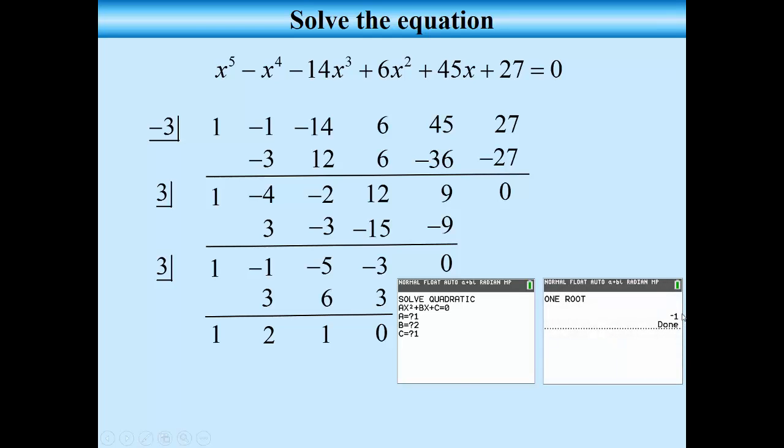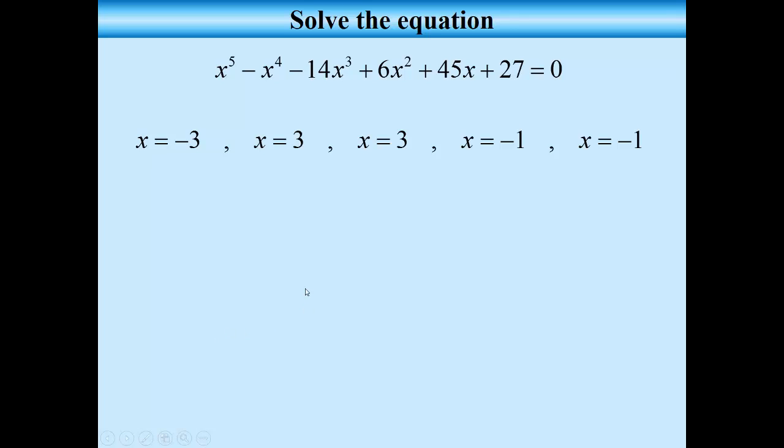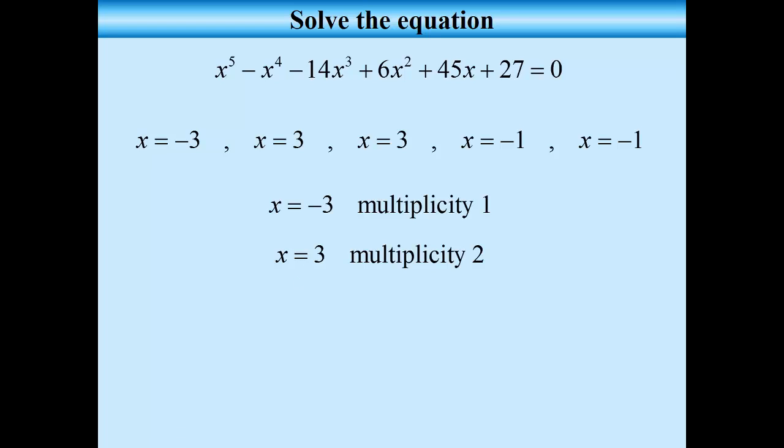Since it only has a single number answer, that means that number is actually an answer twice. And so here's all 5 answers. We say that the 3 has a multiplicity of 2, meaning it was an answer twice.